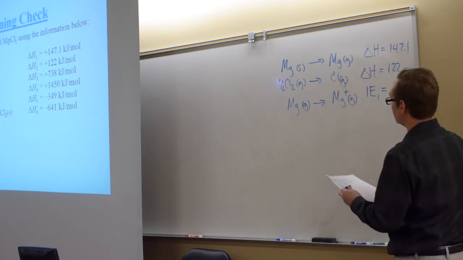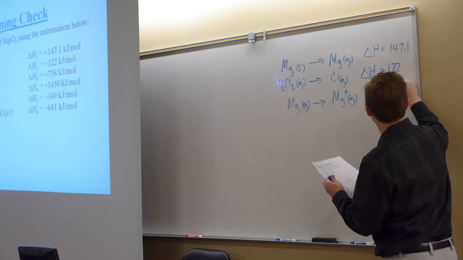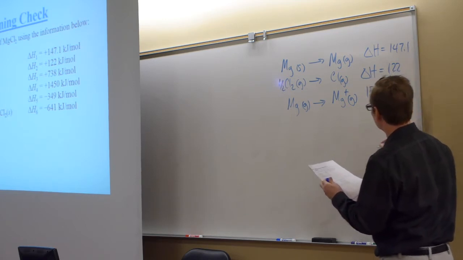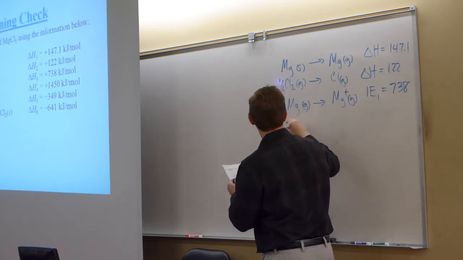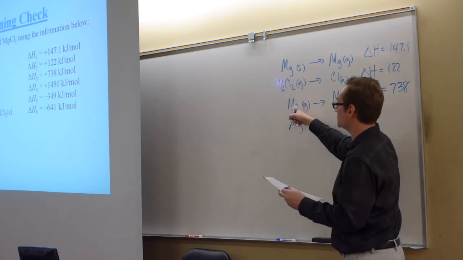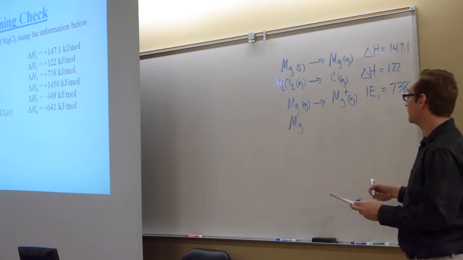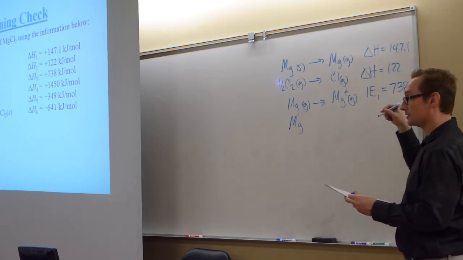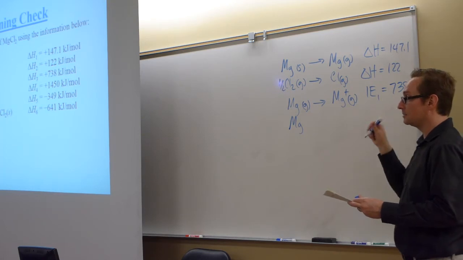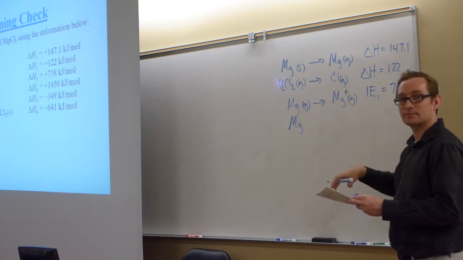I'm going to call that ID1 for magnesium. Why? Well, if you're ionizing magnesium from neutral to +1, that's the first ionization energy, right? This number 738 was in that table from chapter 8 when I was pointing out the trends in the ionization numbers.